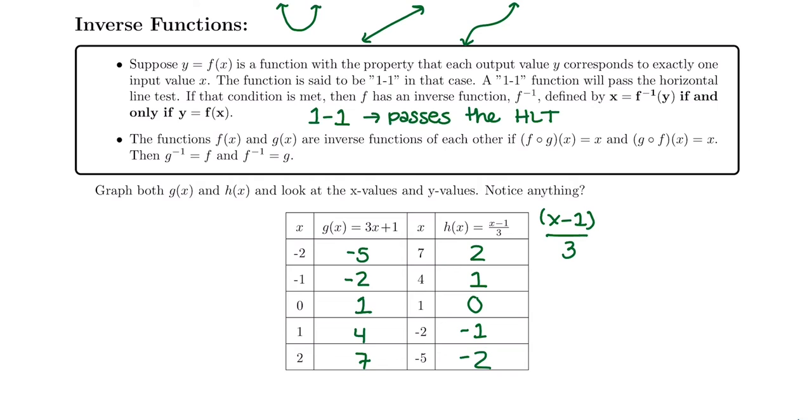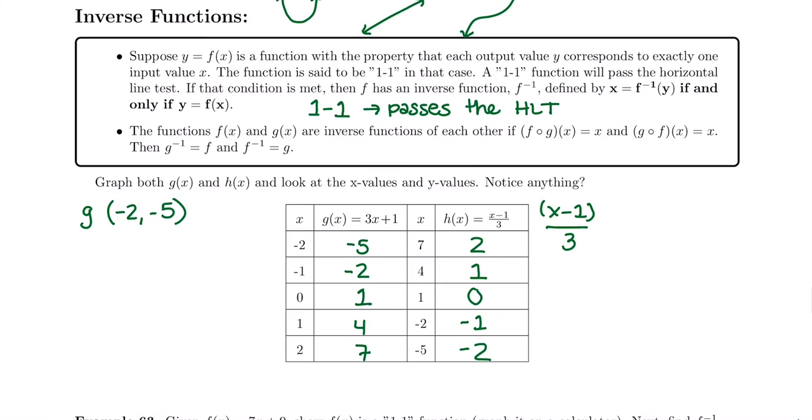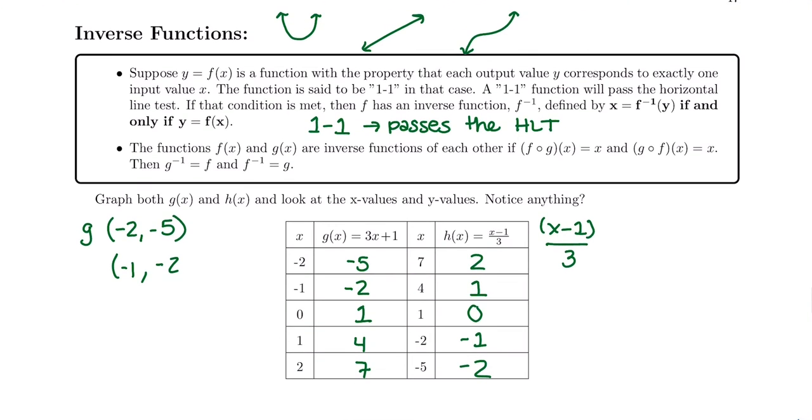So looking at this, what do we notice? For g, the points are negative 2, comma, negative 5. And then we have negative 1, comma, negative 2. 0, comma, 1. 1, comma, 4. And 2, comma, 7.